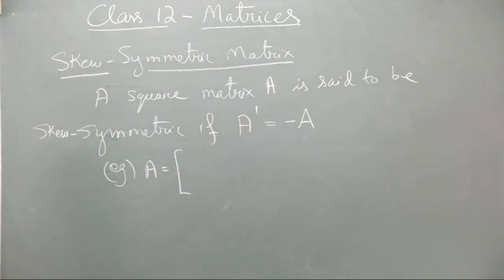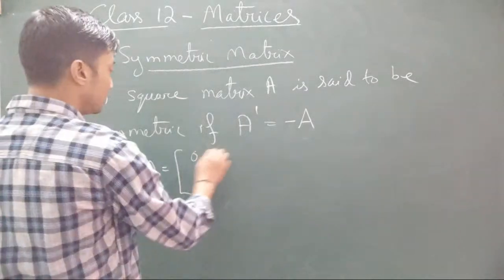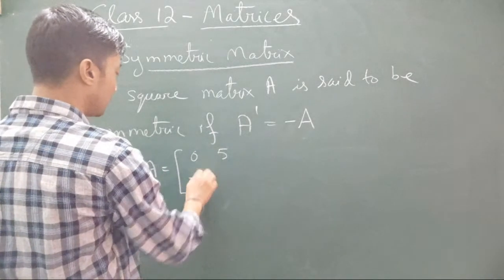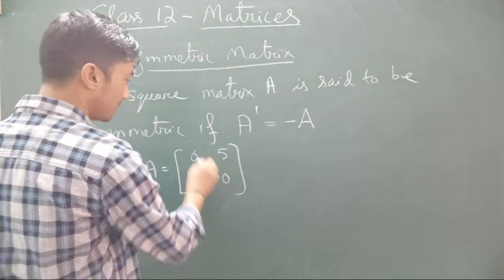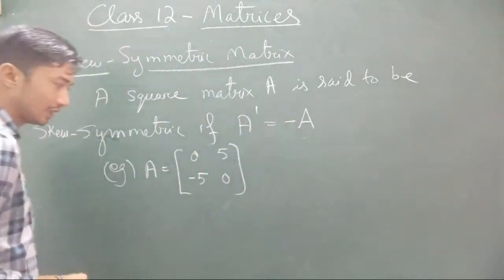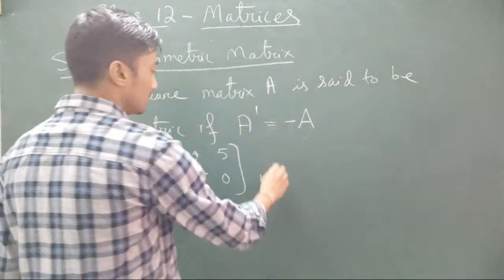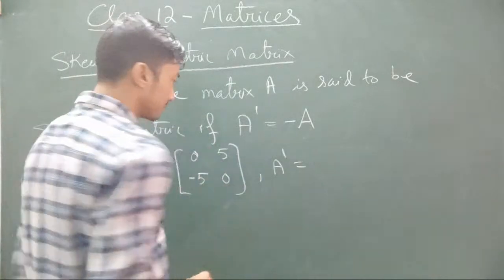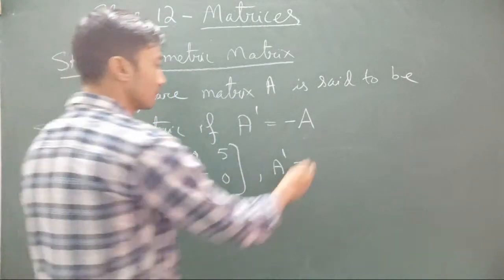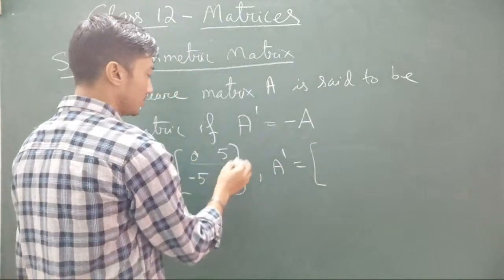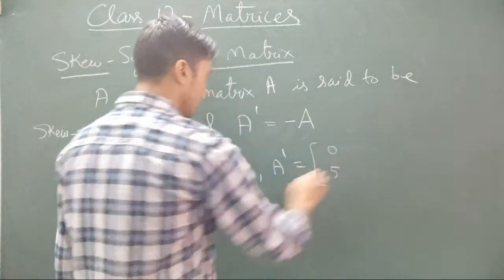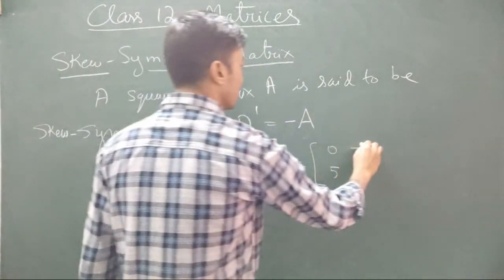Alright, example will be something like 0, 5. There's one unique property with this skew matrix. I'll give you that also. What will be its A transpose? Rows to columns. 0, 5, minus 5, 0.